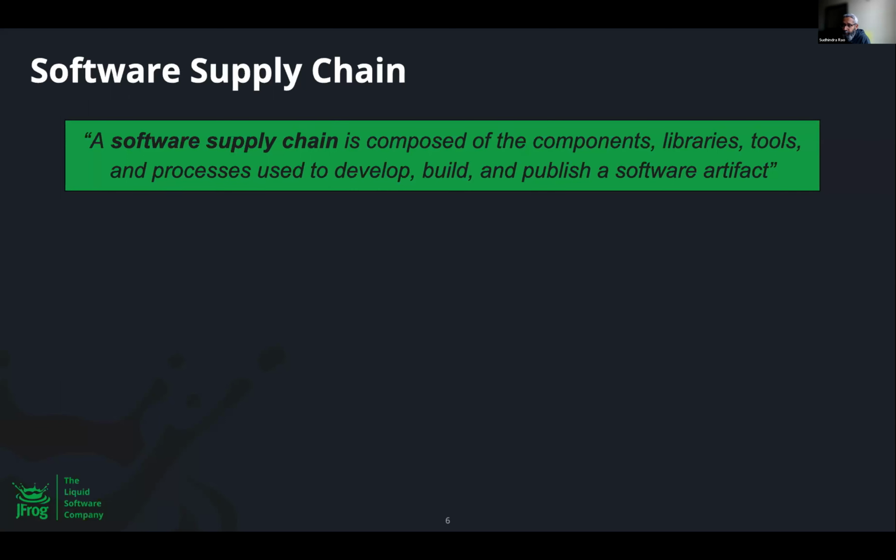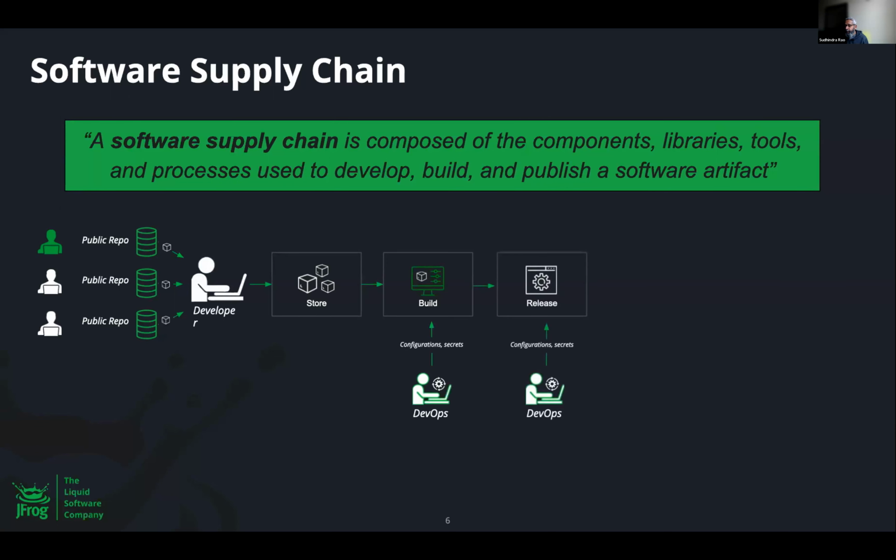Talking about the software supply chain, it is basically composed of the components, libraries, tools, and processes which are used to develop, build, and publish software artifacts. This is critically important for today's discussion because developers are pulling from public repositories, building a piece of software, and releasing it.